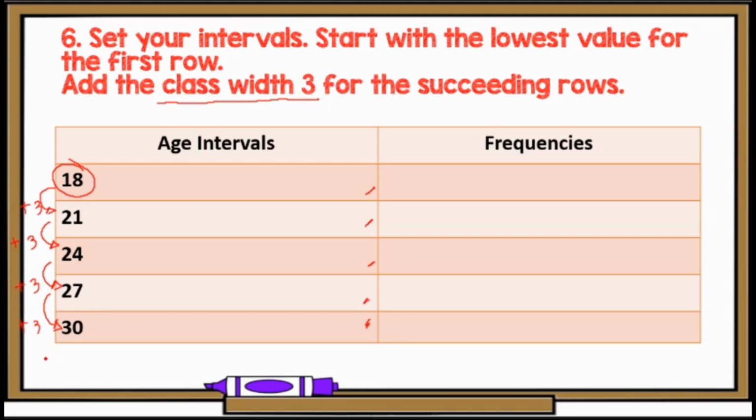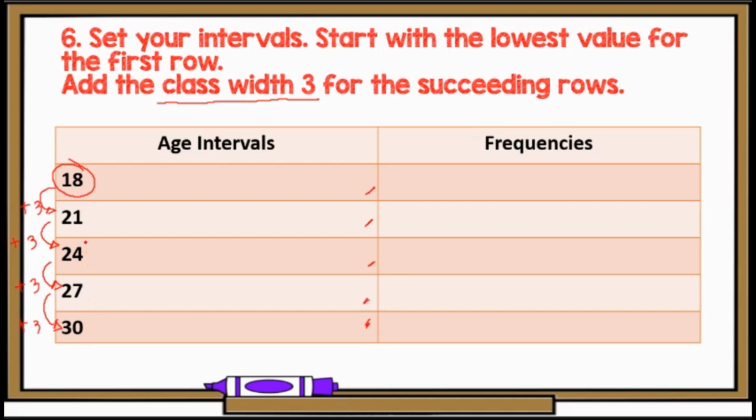So, our question earlier: why don't we settle with just 4 class intervals, since what we computed is 4.33333? Because if we settle with just 4 class intervals, you will notice it stops at 27, and 30 will not be included. Our dataset includes the ages 30 and 31, because our highest value is 31.